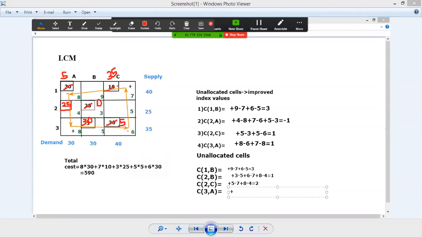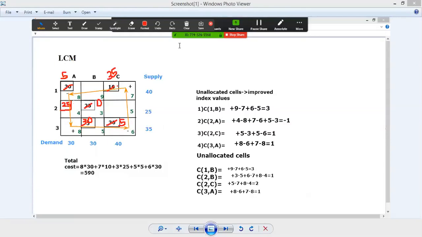That is plus 8 minus 6 again plus 7 minus 8, which is equal to 1. Now you can observe all the values are positive values, which means now we have to compute the cost.